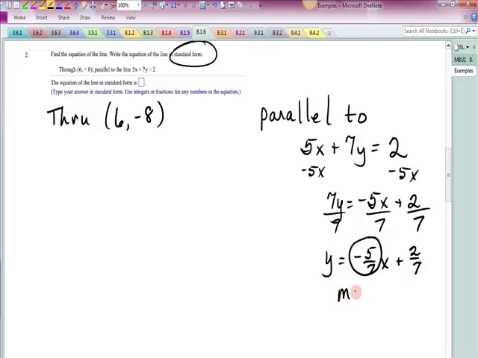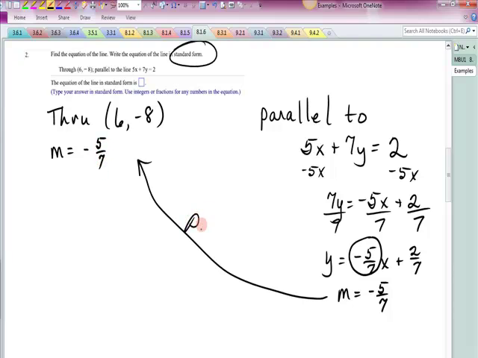There's the slope of this line. Because the lines are parallel, the slope of my line is also negative 5/7. So, parallel means same slope.